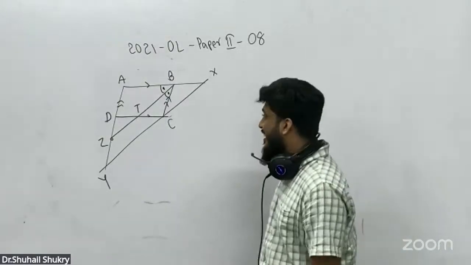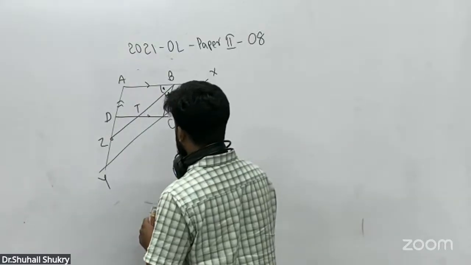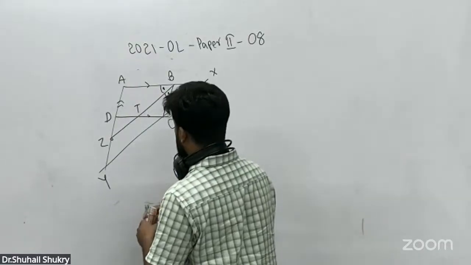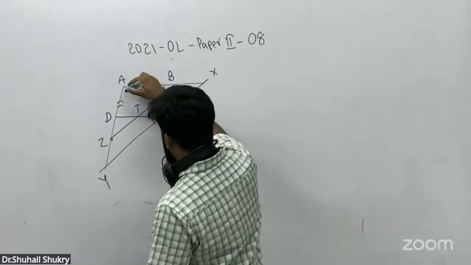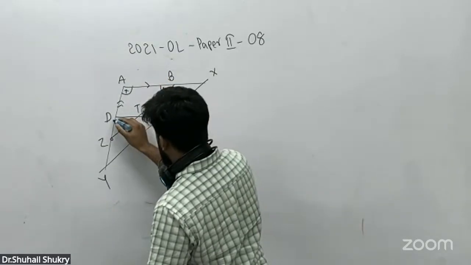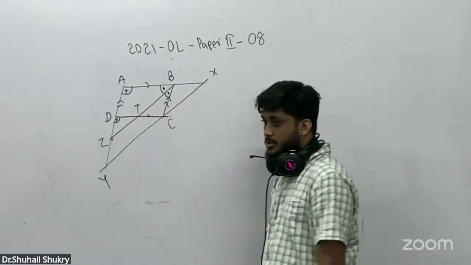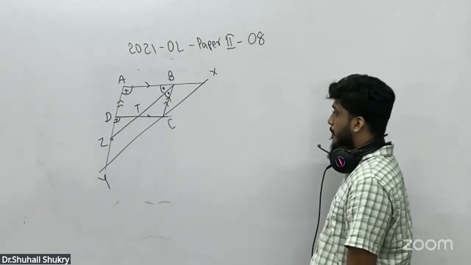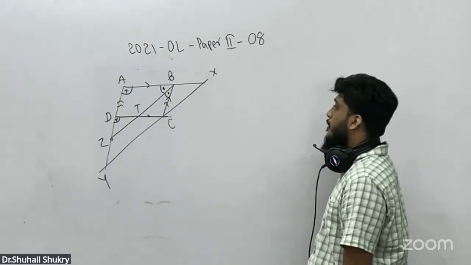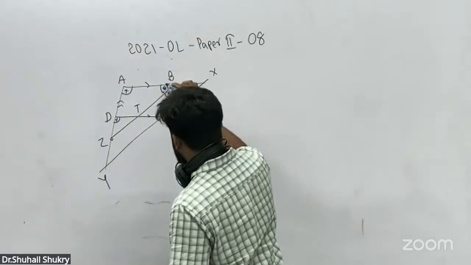Now, because these lines are parallel, for example, if I put a cross for this angle, what is this angle? This angle will be a cross. This is a dot, no?